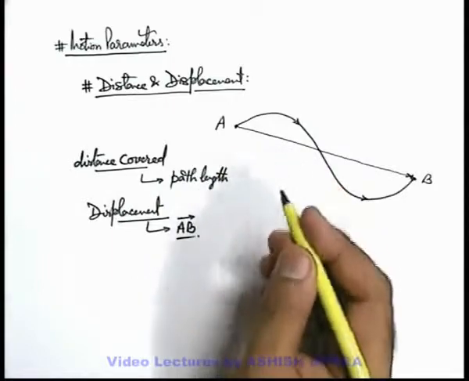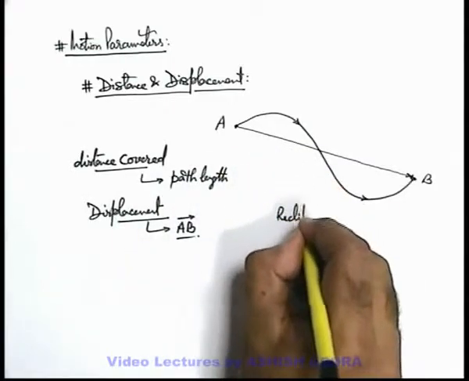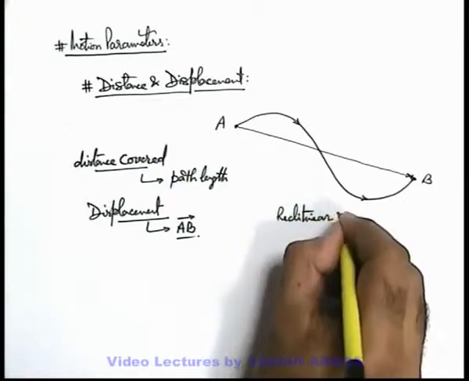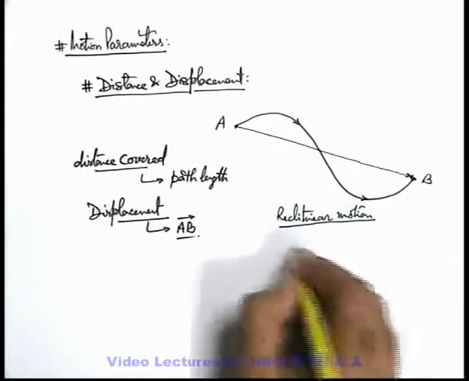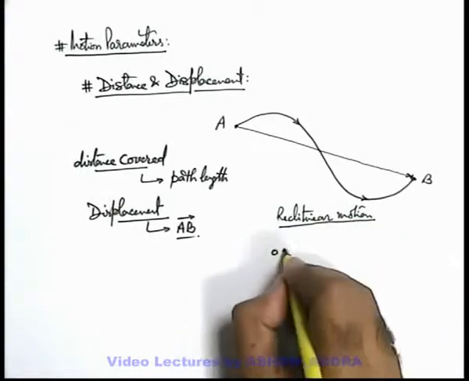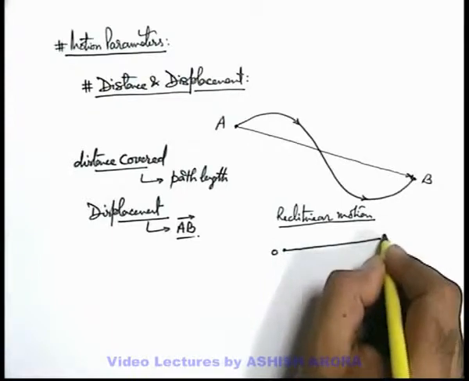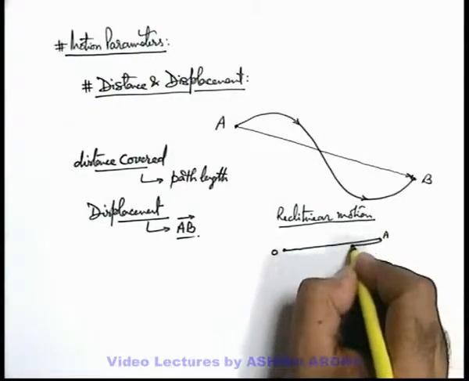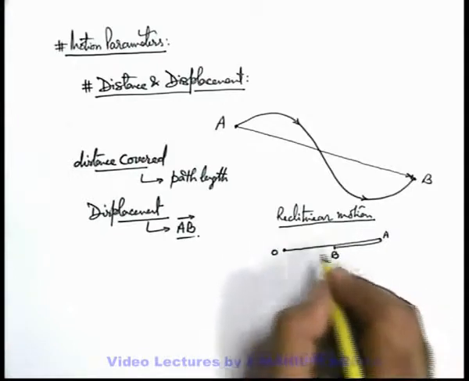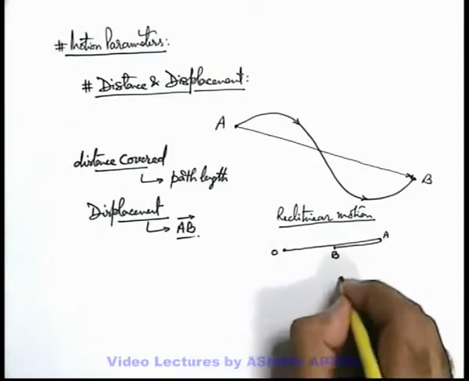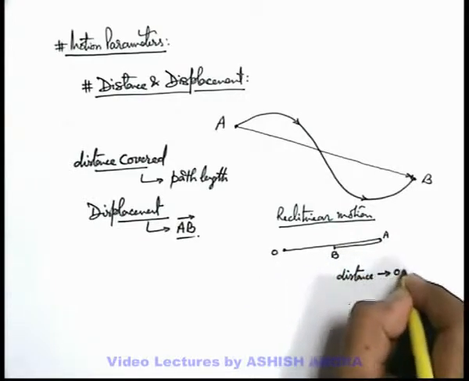Now say, for one-dimensional motion, in case of rectilinear motion, when a body moves along a straight line, it is possible that from point O a body starts. It moves in forward direction. At some point A, it will come to rest, then it will return back on the same line and reach point B. So when we talk about distance covered by the body, this distance we can write as OAB.